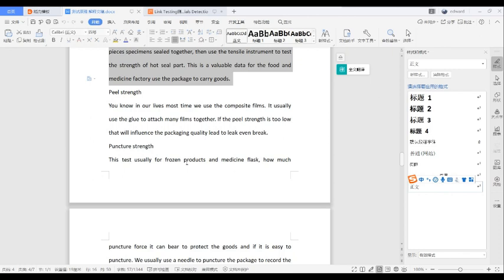It's usually a lamination: 3 or 5 different layers laminated together, with one layer attached to another by glue, some by a lot of different materials, to let them attach very tightly. So we need to test the peel strength between the different layers.